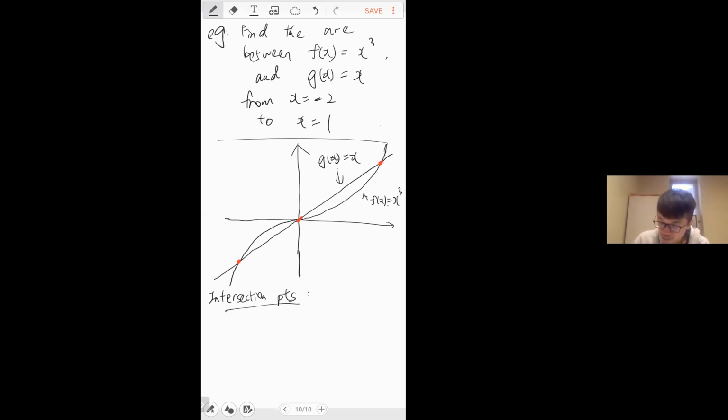To find intersection points, you set them to be equal to each other. So x cubed equals x. So x cubed minus x equals 0. If you factor that, you're going to get x times x plus 1, x minus 1 equals 0.